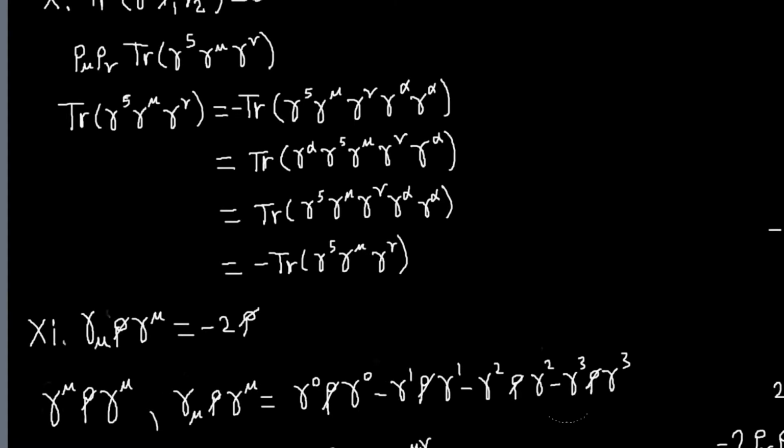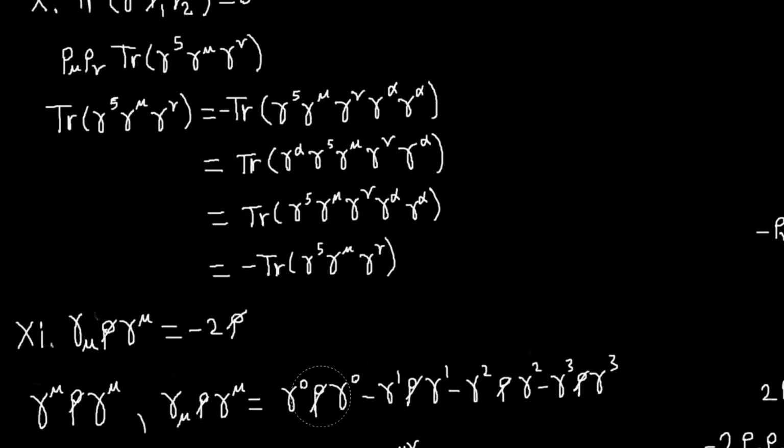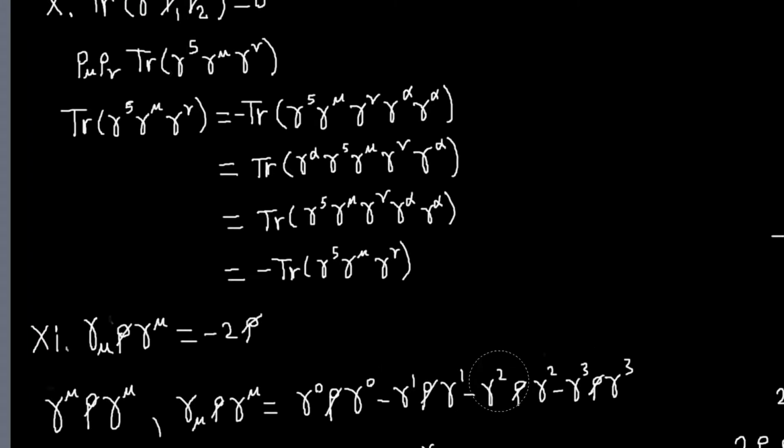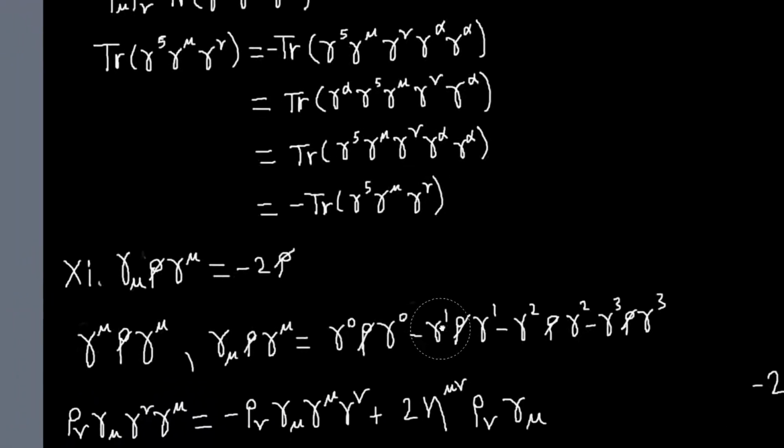So it involves all these 4 terms with the usual time part as a plus sign, and the spatial parts have a minus sign, but always involving the gamma matrices with an upper index. So that's all that means.